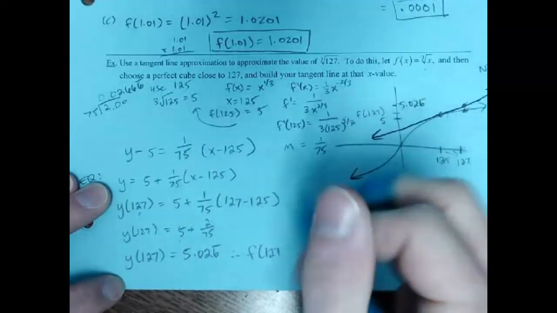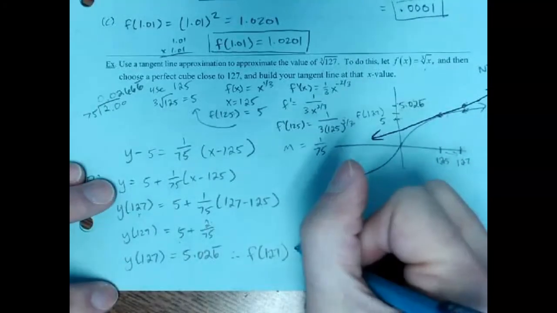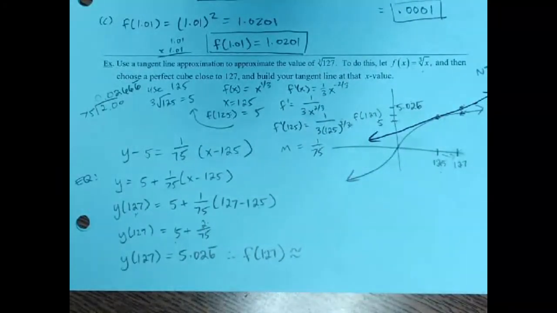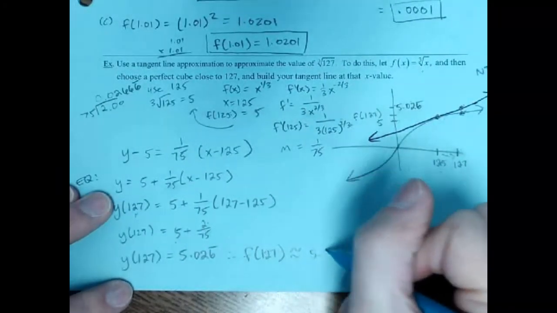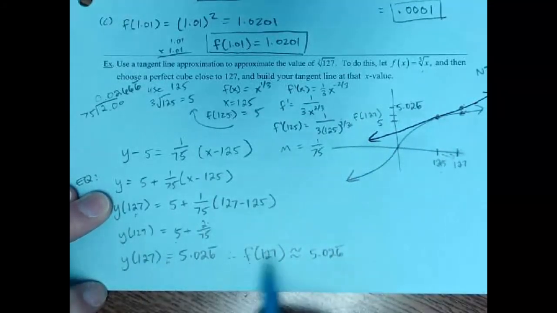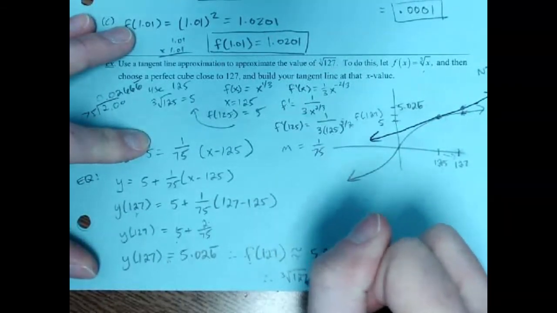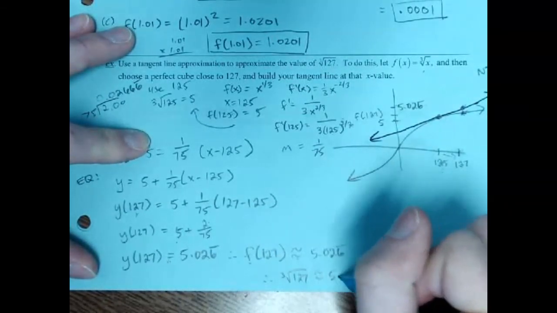I'm thinking this real function value is probably a little bit less. But that's okay. Therefore, my true function value is going to be about 5.026. Remember, the tangent line is equal. That means the function is about. So that means the cube root of 127 is going to be about 5.026.